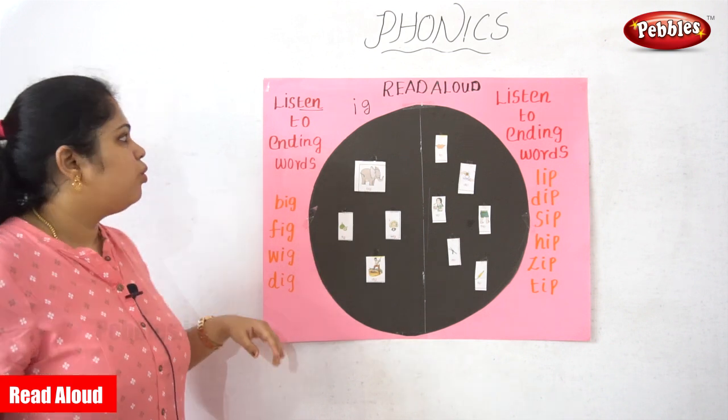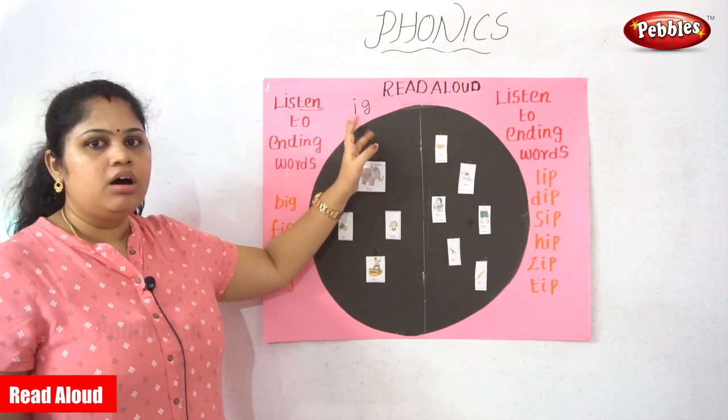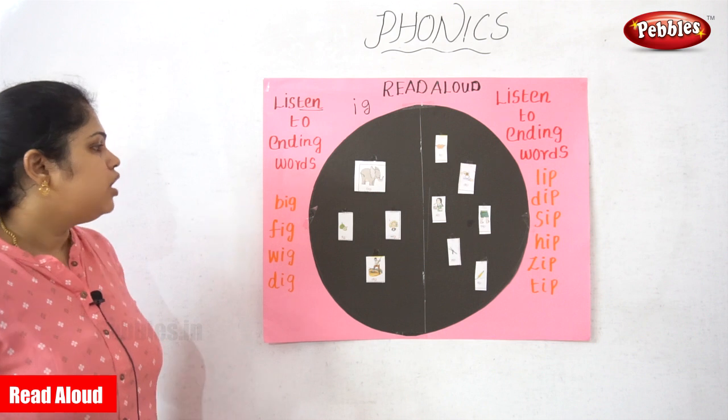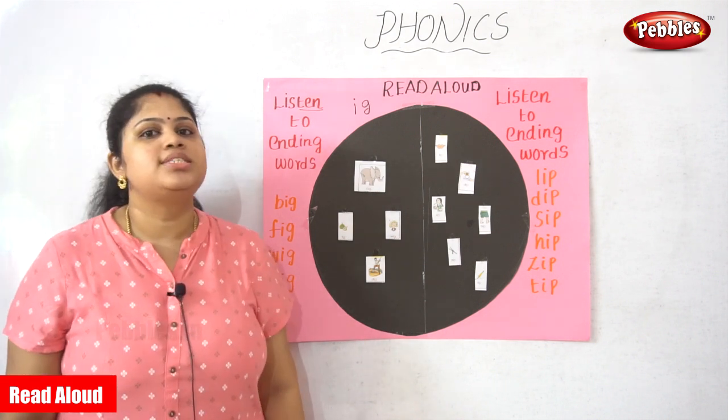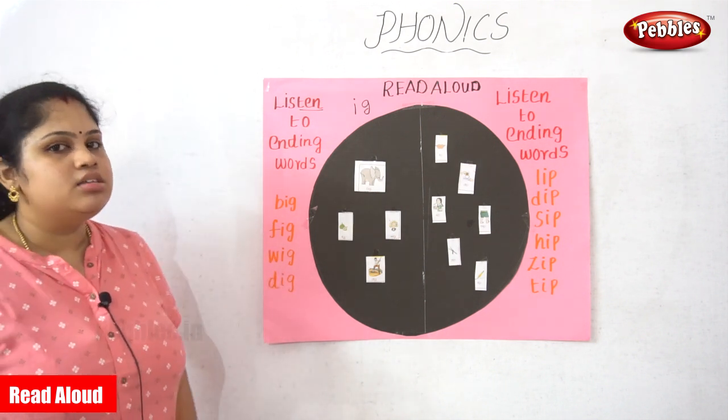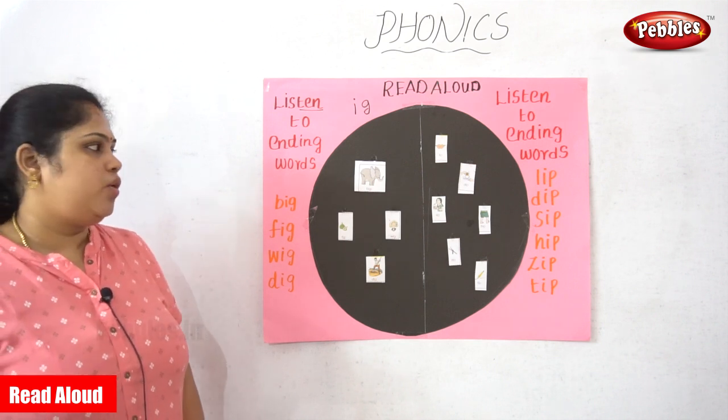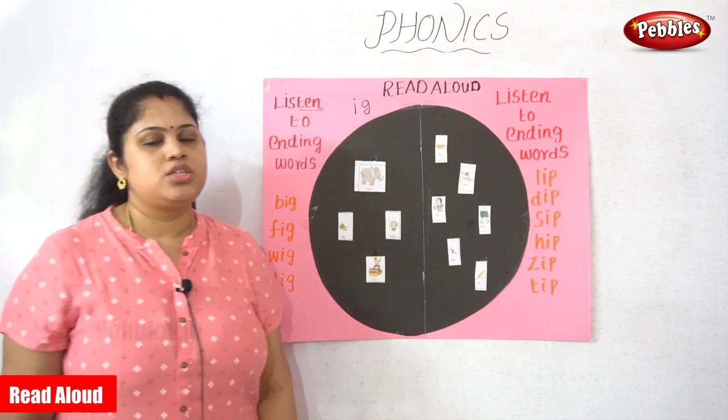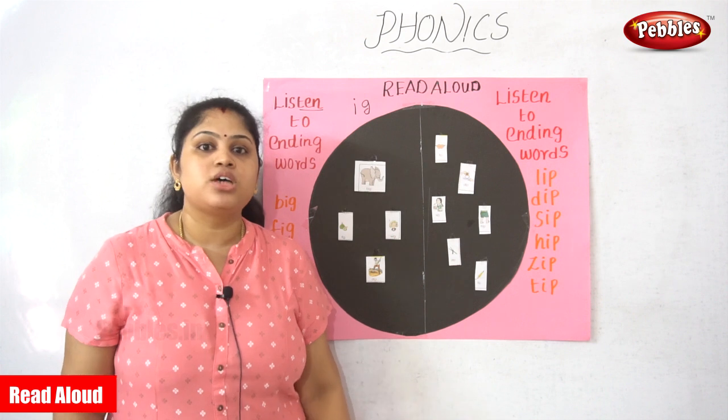So this is an egg. Now we are going to see the words that end in an ig sound. Then you may ask some questions. You say that the G sounds g.